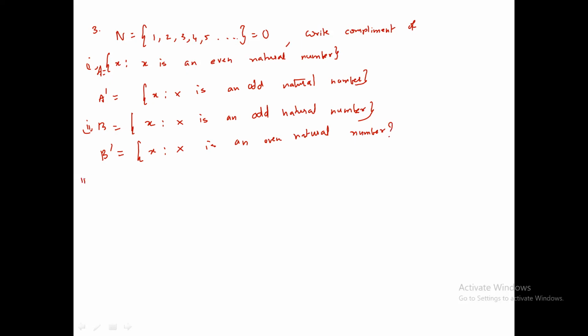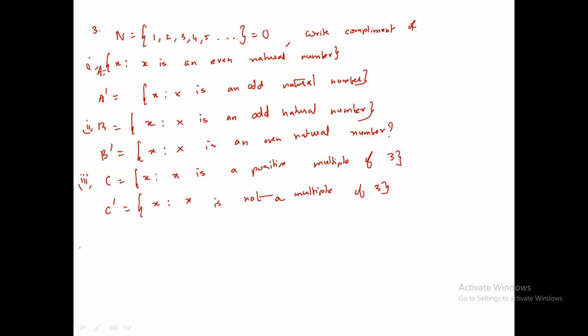Third, let us take C: x such that x is a positive multiple of 3. If you take C dash, you will get x as not a multiple of 3, because you will be removing positive multiples of 3.